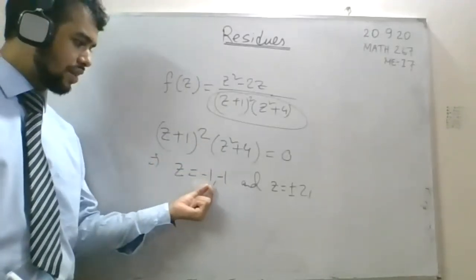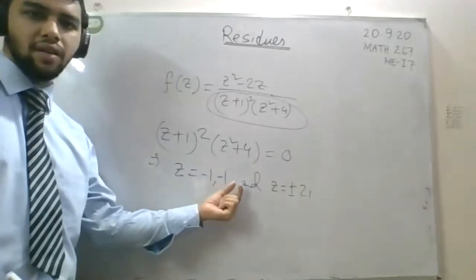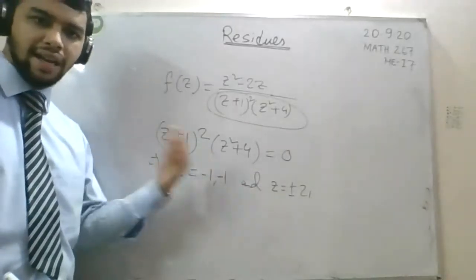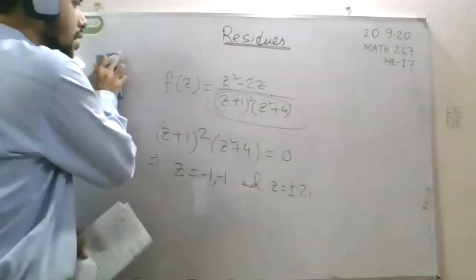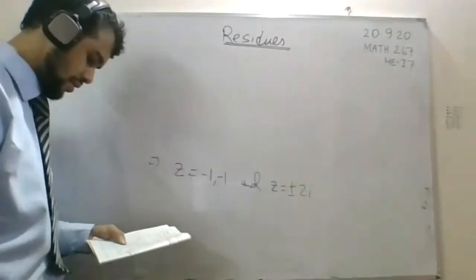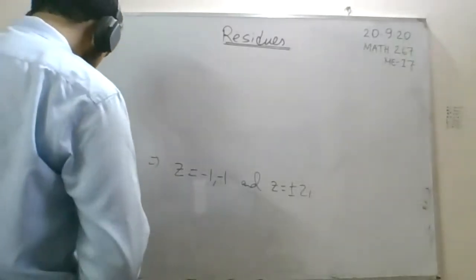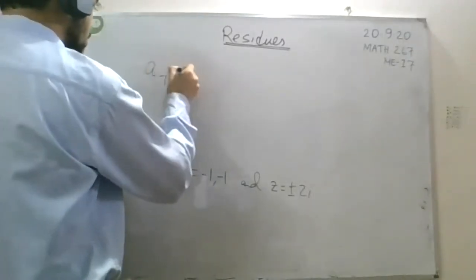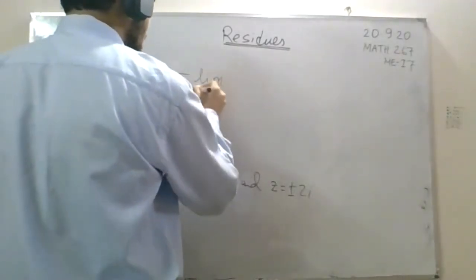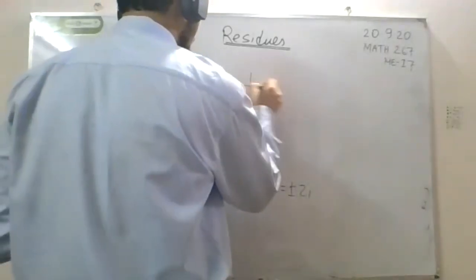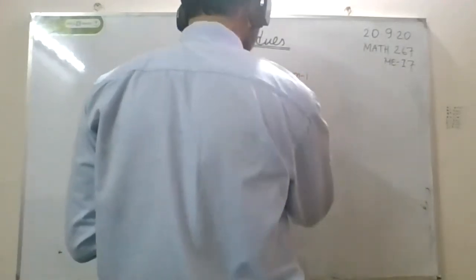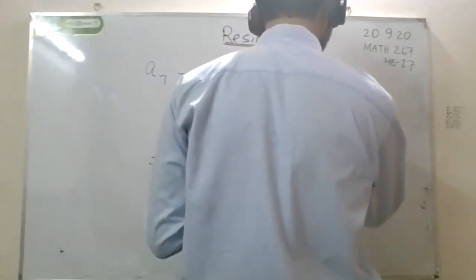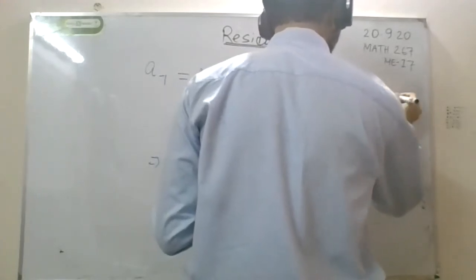Okay, if there were three, if the values were minus 1, minus 1 and minus 1, then it is a higher order pole. Okay, so in that case you have to apply another formula, which is a₋₁ equals the limit as z tends to a of 1 by (n minus 1)! times the (n minus 1)th derivative of (z minus a)^n f(z).